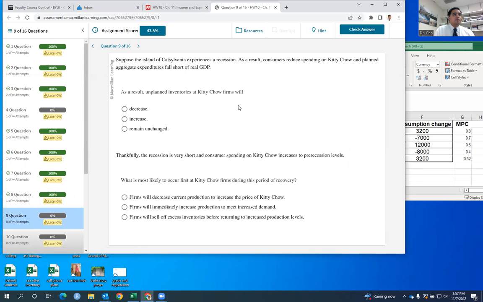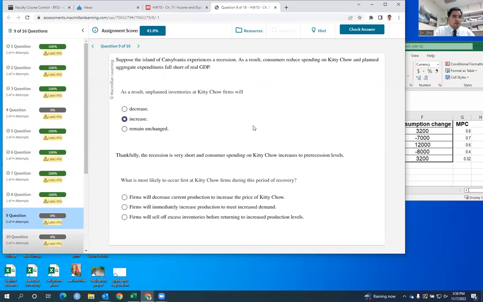The island of Castlevania has a recession. As a result, consumers reduce spending on kitty chow, and planned aggregate expenditures fall short of real GDP. As a result, unplanned inventories at kitty chow firms will increase, because they produced a bunch not expecting the recession. So they're going to have a whole bunch of excess inventory.